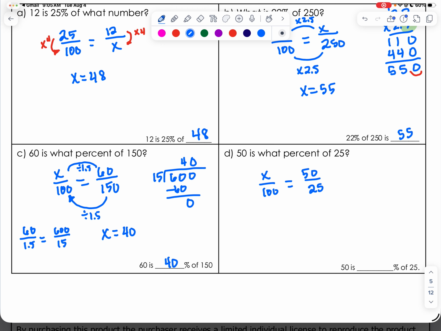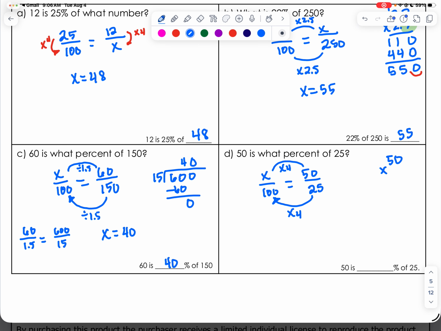The first thing I'm noticing is that if I multiply 25 by 4, I would get 100. So if I do that to the top, 50 times 4, I get 200. So 50 is 200% of 25. And that concludes today's lesson, Introduction to the Percent Proportion.